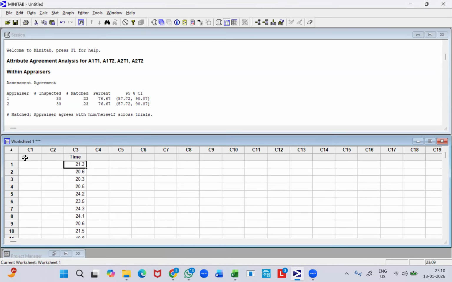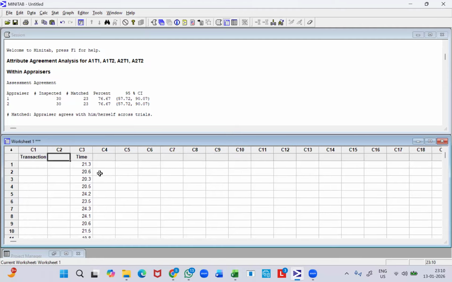Now, what I need to do is provide the transaction reference in the first column, right? And I need to provide the agent reference in the second column. So if you're providing the transaction reference, I can understand that the first 4 data points pertain to transaction number 1, right? So 2 measurement values provided by agent 1, followed by 2 measurement values provided by agent 2.